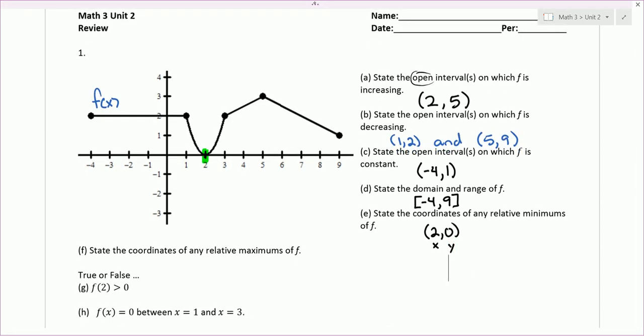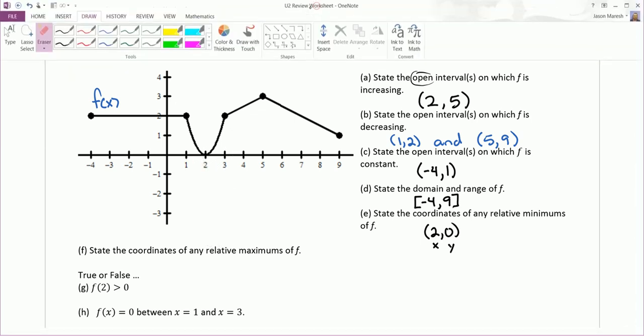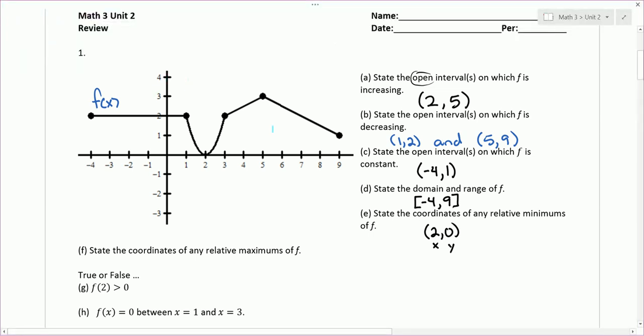For f, we're looking for the coordinates of any relative maximums. A relative maximum is where your graph changes from increasing to decreasing. So as you trace along, we're going constant, then decreasing to increasing, and then increasing to decreasing.